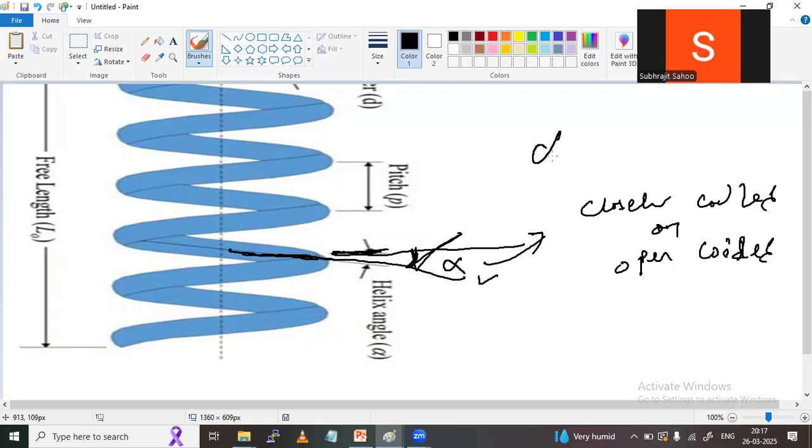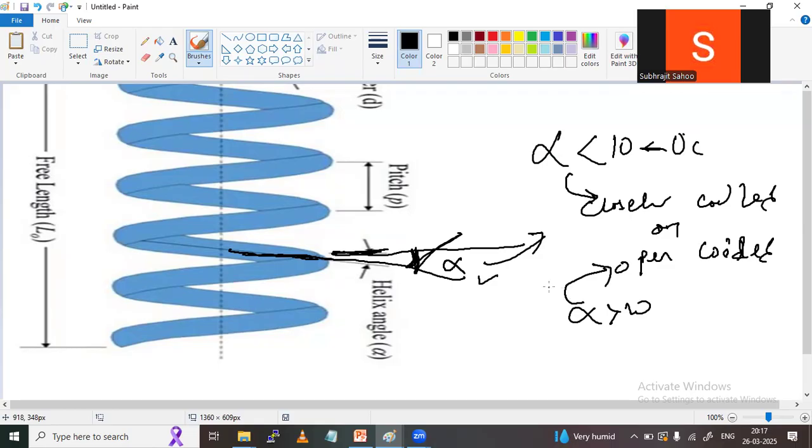If alpha is less than 10 degrees, then it is a closed coiled spring. If alpha is greater than 10 degrees, then it is an open coil spring. Now this is an open coil spring because this angle will come more than 10 degrees, and when alpha is less than 10 degrees, that means 0 to 10 degrees, then it is called a closed coil spring.